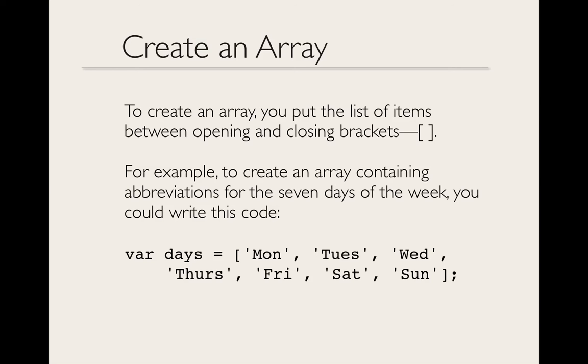Since these are strings, the edges of strings are delimited by quotes, single or double, as long as you open and close with the same thing. So we have var days equals open and close bracket containing the days of the week separated by commas.